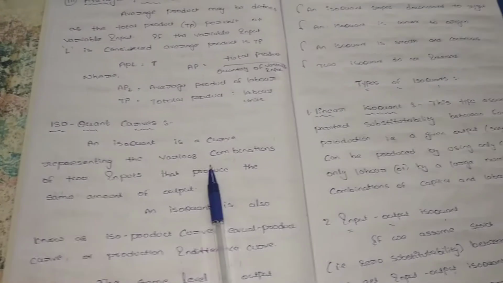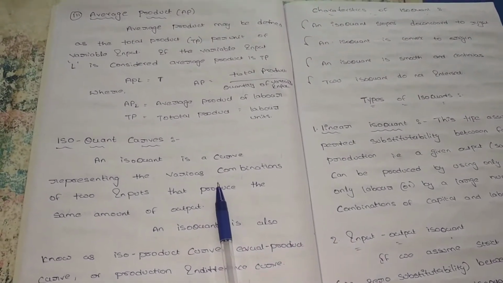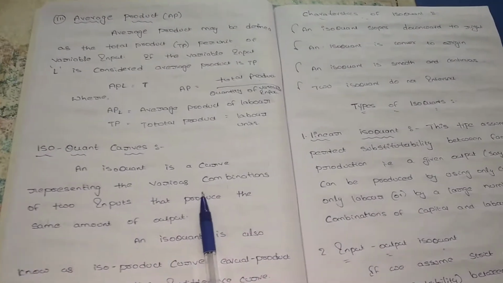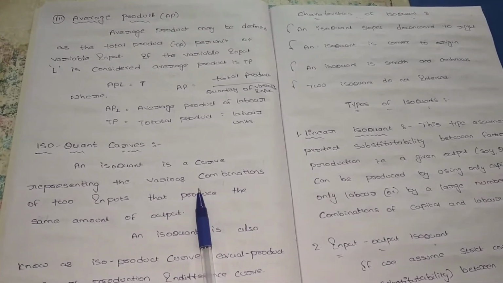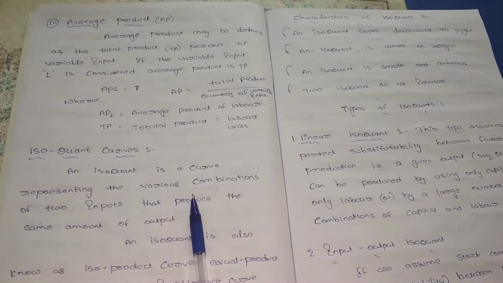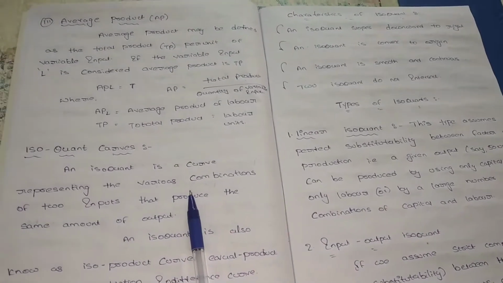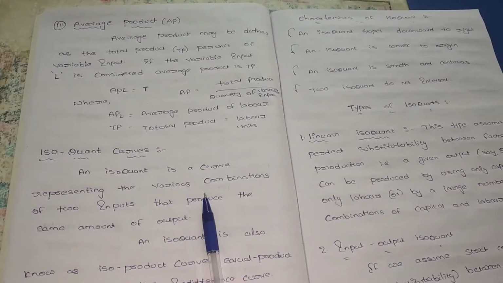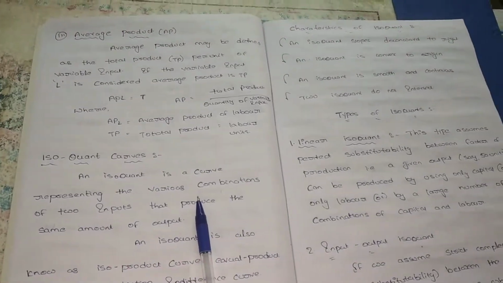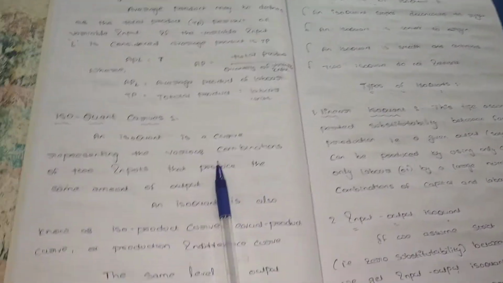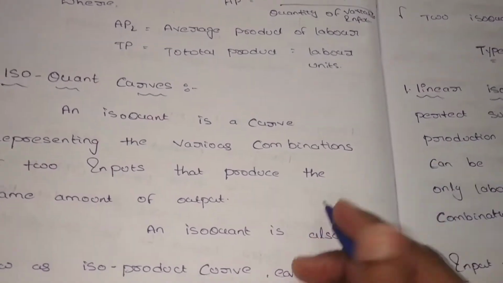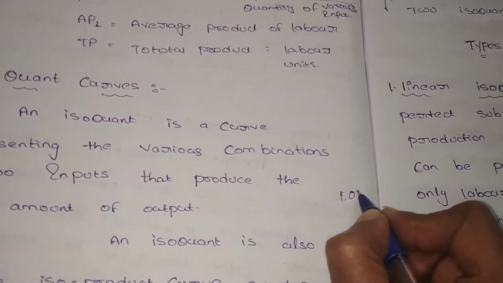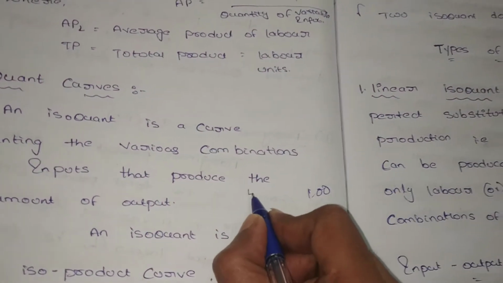Isoquant curves means here we are taking two variable inputs, that is labor and capital. For labor and capital there are changes. Suppose the labor is increased, the capital decreases. These two are inversely related in an isoquant. There is some output, and the output is fixed, but there are changes only in inputs. Suppose the output is 100, but the inputs are labor and capital.